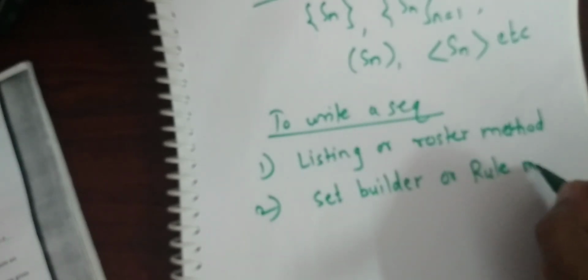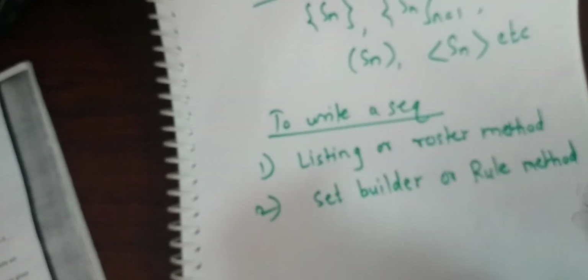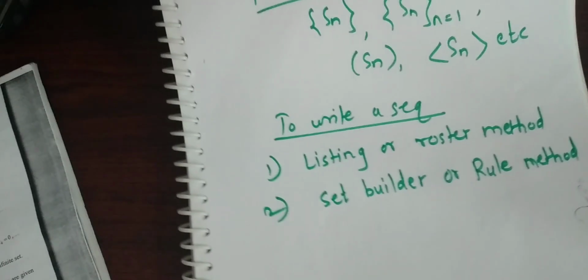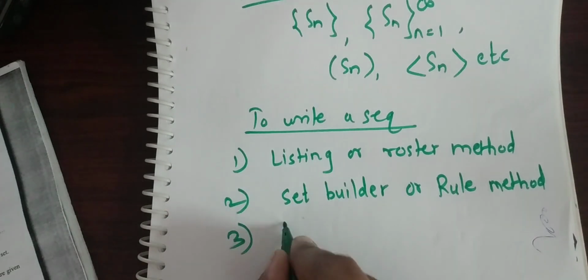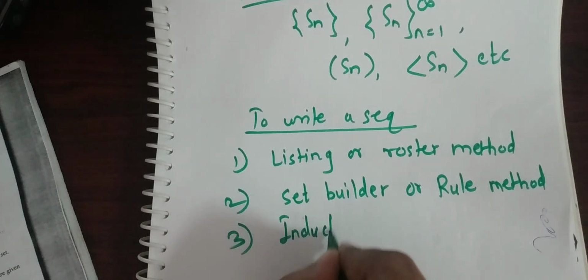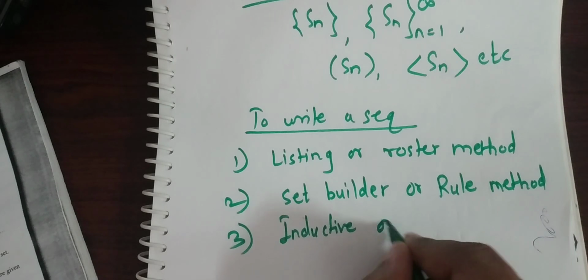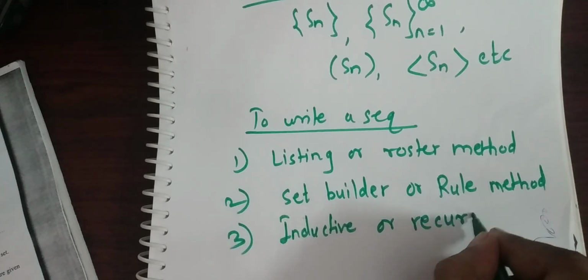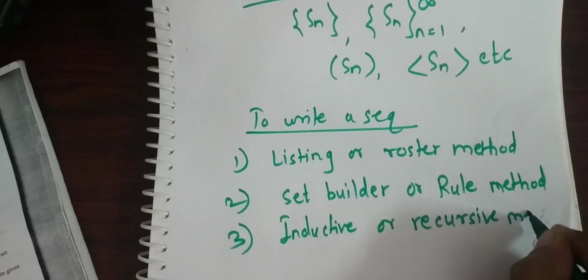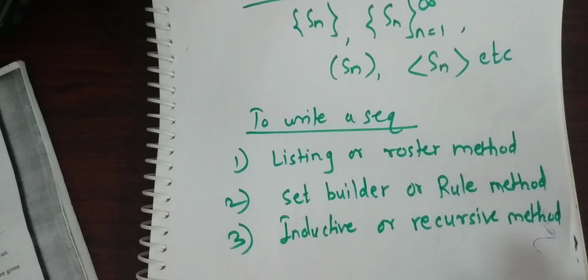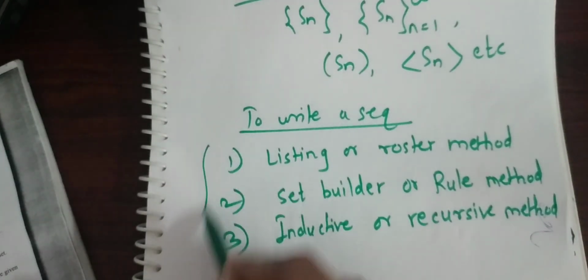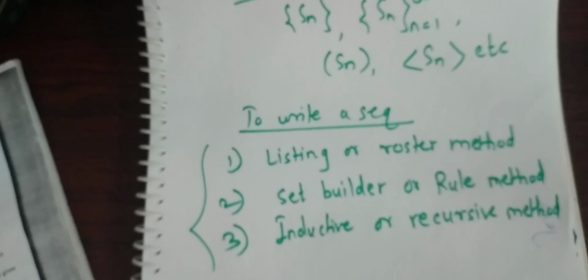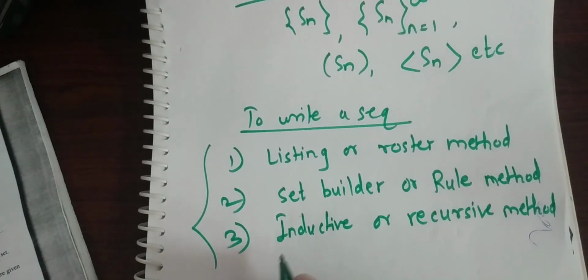The third method is the inductive or recursive method. You have already seen all these methods. So let's see examples.